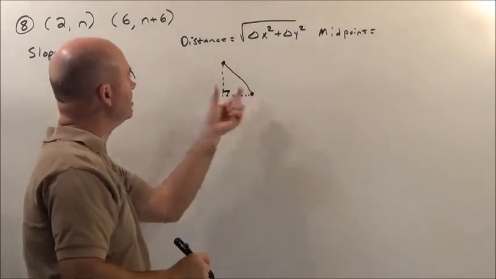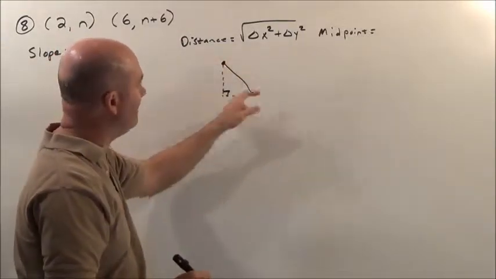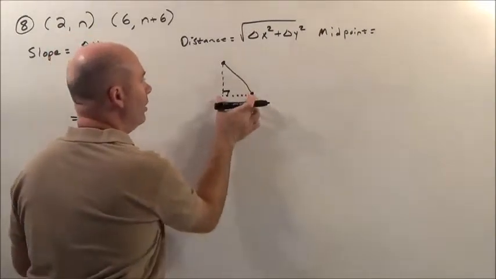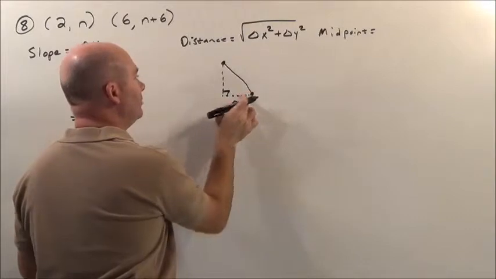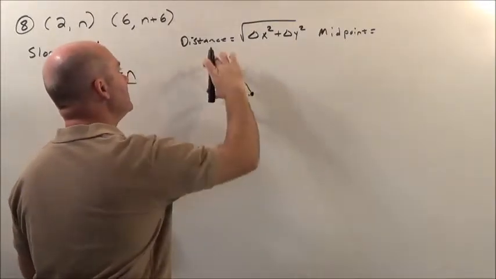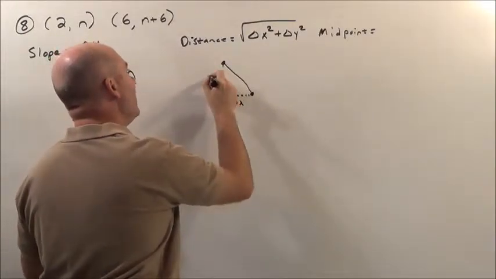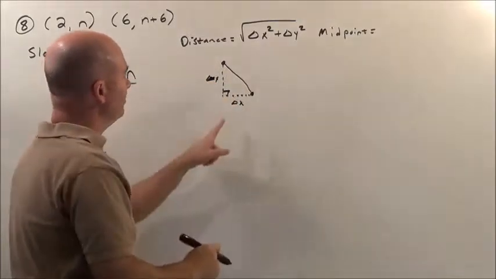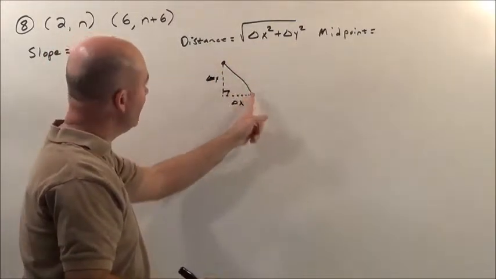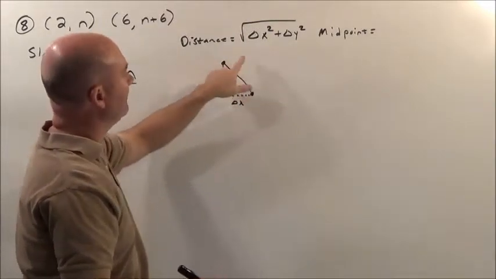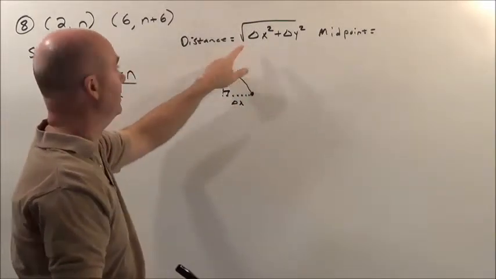We know this leg squared plus that leg squared equals the hypotenuse squared. What is this length? That's simply your change in your x values. That's the change in the y values. And remember, this squared plus that squared equals the hypotenuse squared. Once we get that number, we have to take the square root. That's why you have a square root right there.